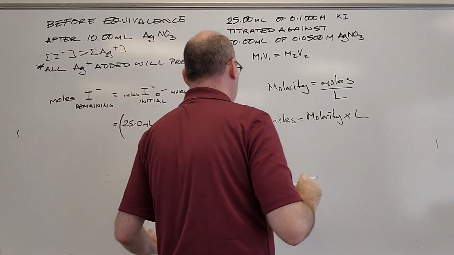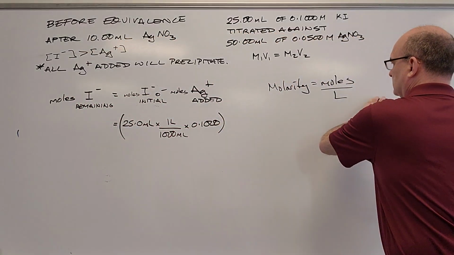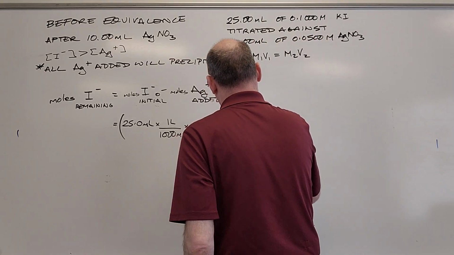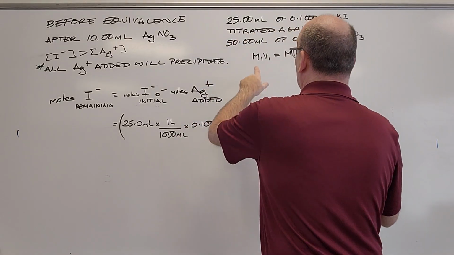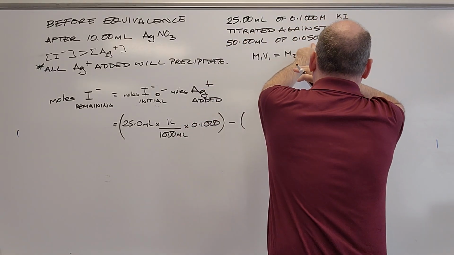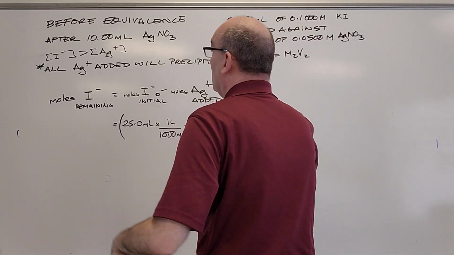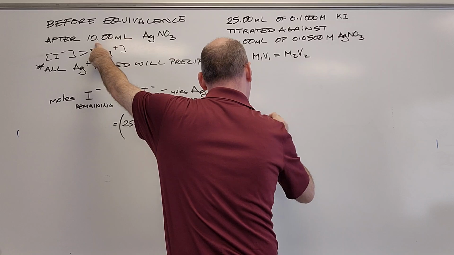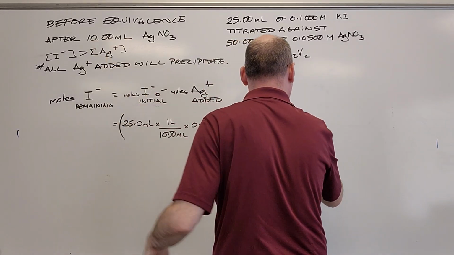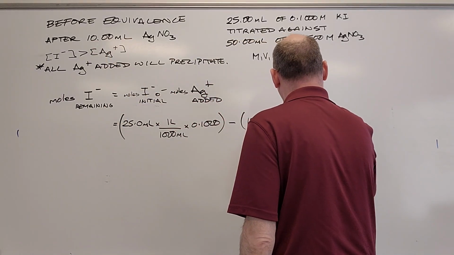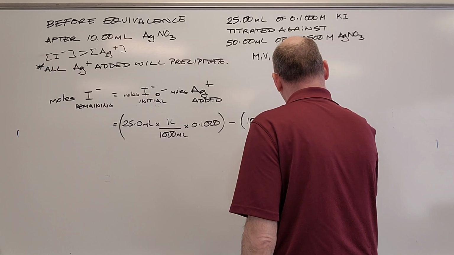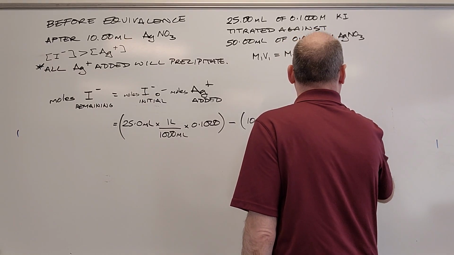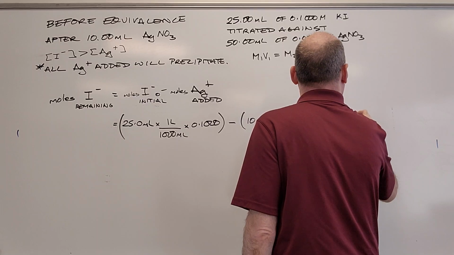That's the number of moles of iodide. And I'm going to subtract from that the number of moles of silver nitrate, which is 10 milliliters. Same conversion factor. Got to turn that into liters by dividing it by 1,000. And it is 0.05.